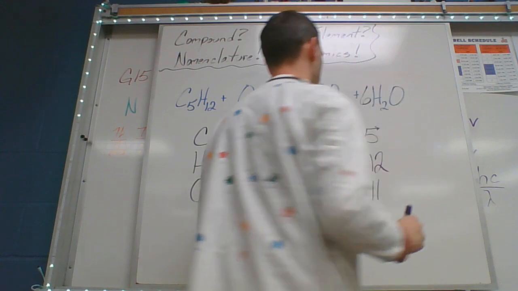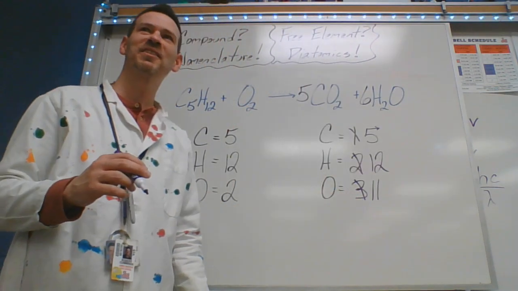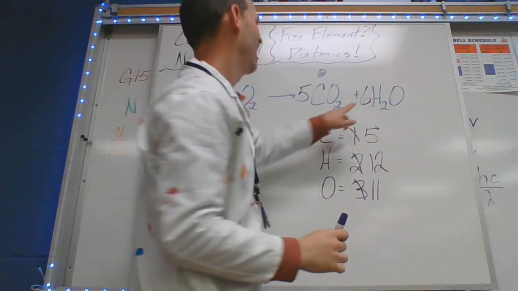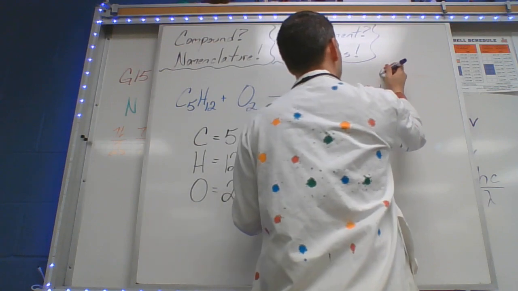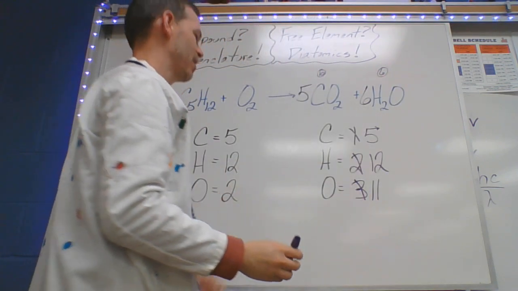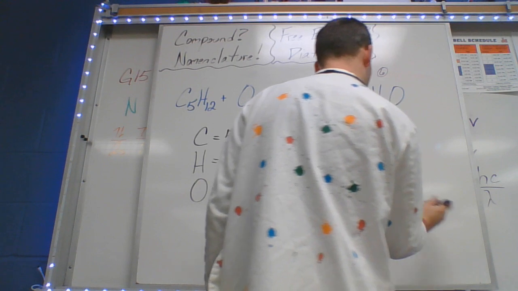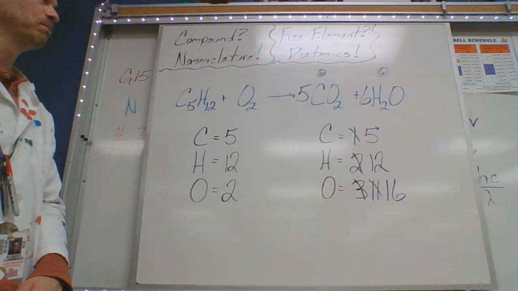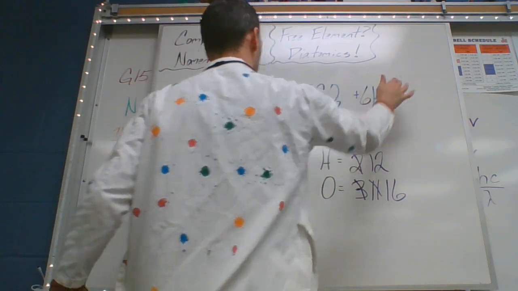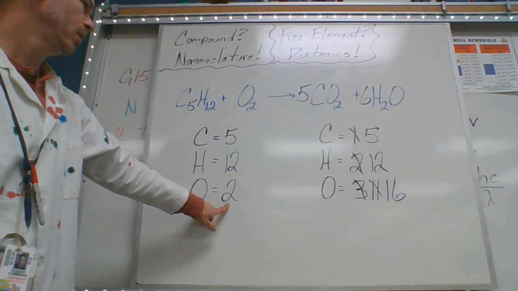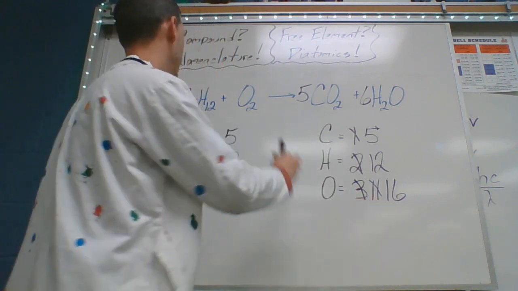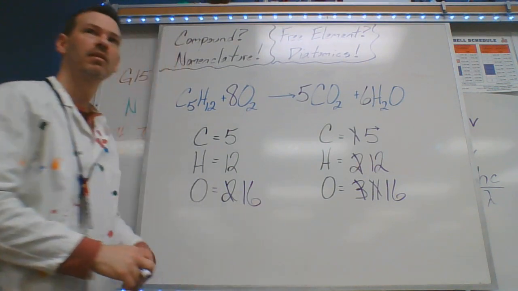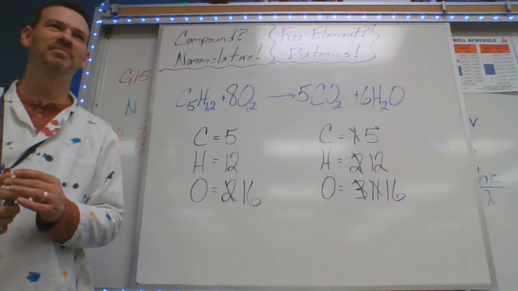All right, and then stupid oxygens. All right, careful. 5 times 2 is 10. There's 10 right there. All right, and 6 times 1 is 6. There's 6 right there for a grand total of 16. Oxygens. 2 times what is 16? You're doing so good.